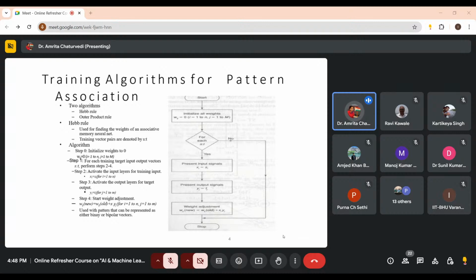A flowchart to represent the same algorithm has been shown on the screen. You initialize the weights to 0, and then for each input-output vector pair, you apply the input at the input layer, the output at the output layer, and then you calculate the change in weight by simply taking their product x into y.